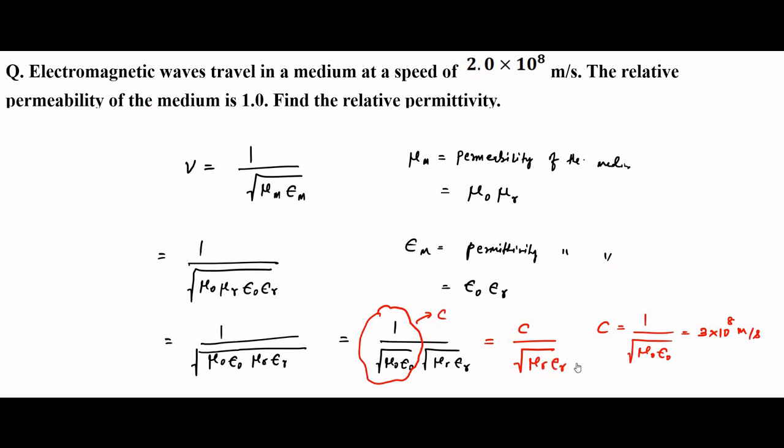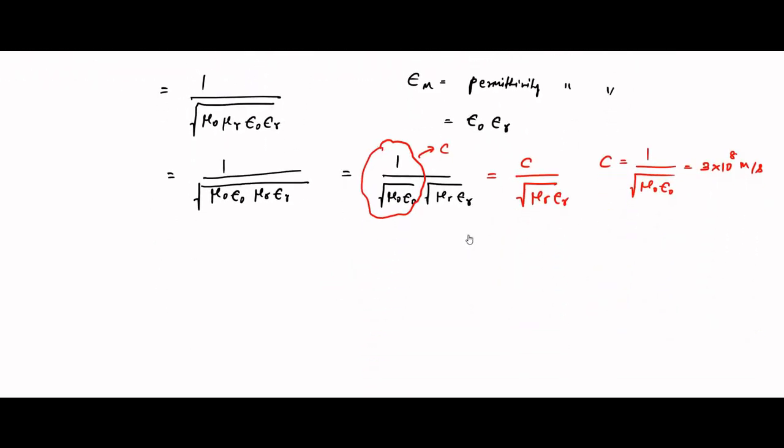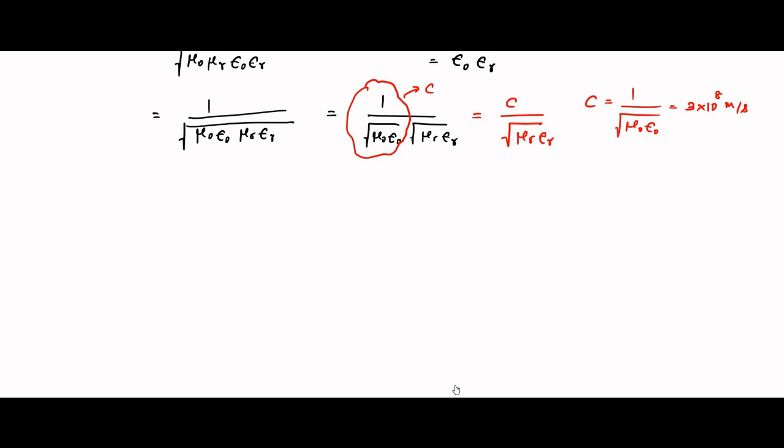We have already discussed this whole concept in properties of electromagnetic waves in that video, so you can watch that. So we get that the velocity of electromagnetic waves in general is equal to speed of waves in air or vacuum divided by root of the product of relative permeability and relative permittivity.